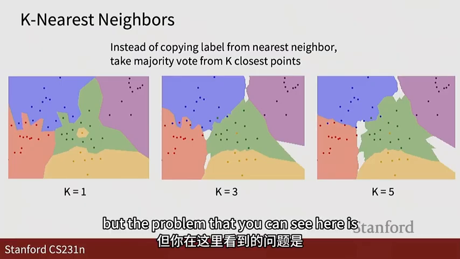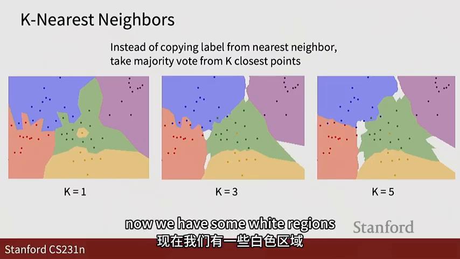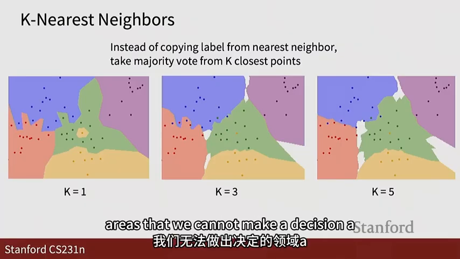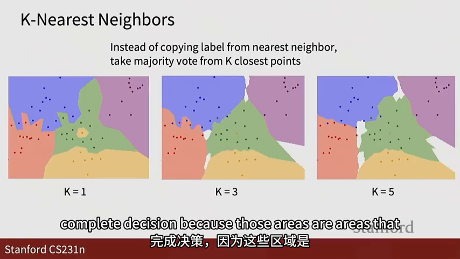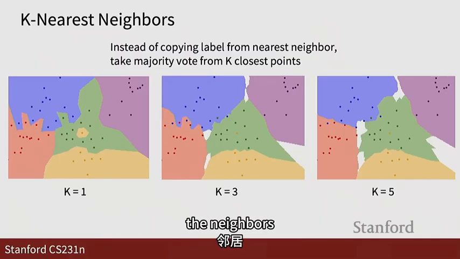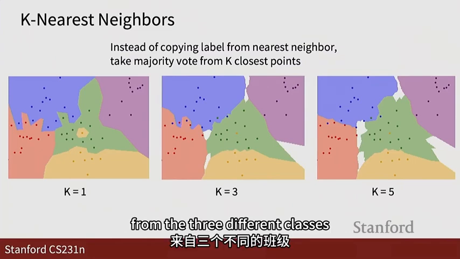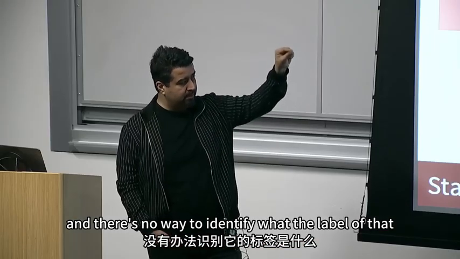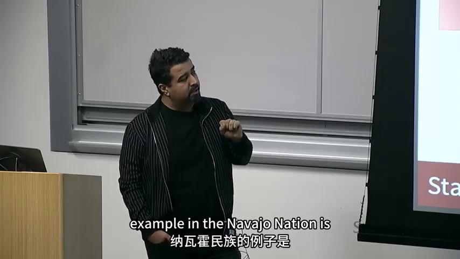But the problem you can see here is that now we have some white regions. Those are areas where we cannot make a complete decision, because we have an equal number of samples from the neighbors of 3 different classes, and there's no way to identify the label of an example in the white region.